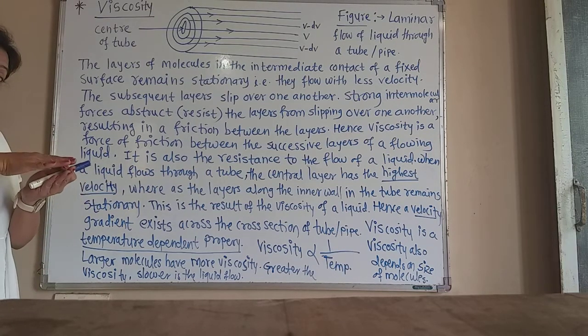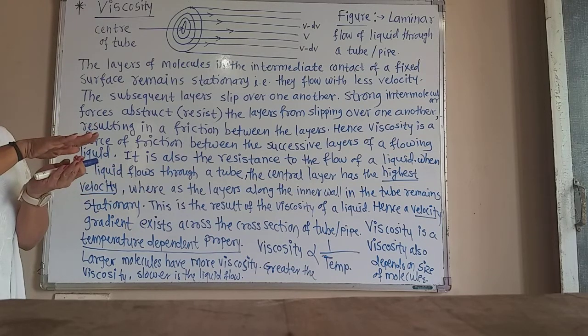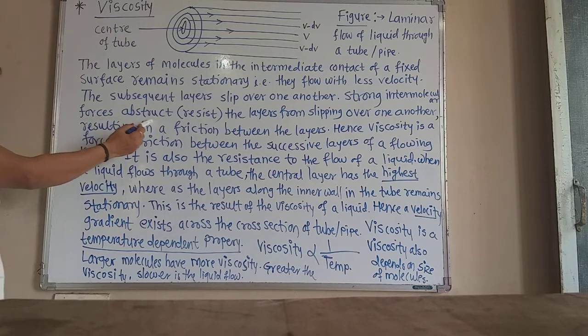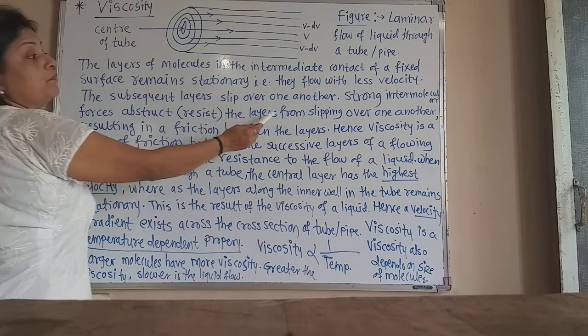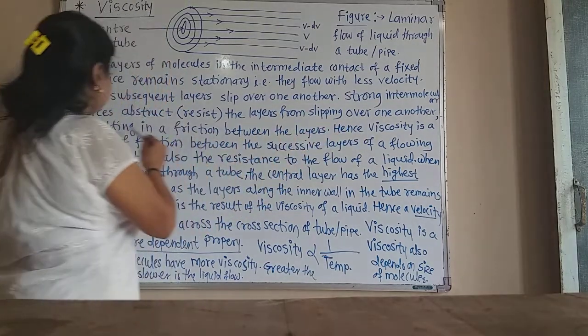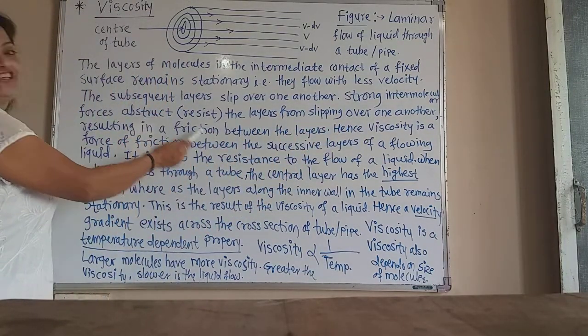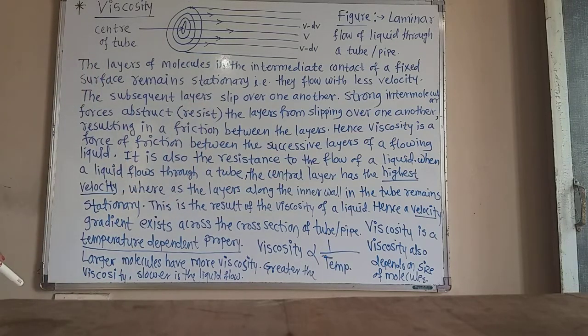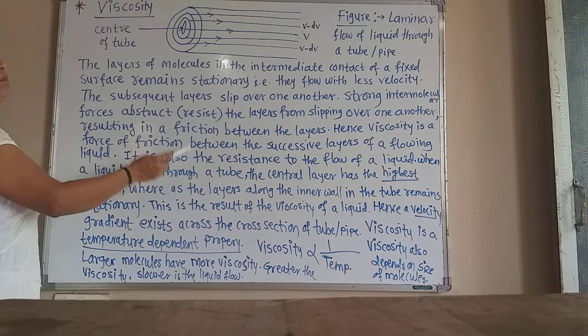And due to that, what happens? There is friction between the two successive layers. So strong intermolecular forces resist the layers from slipping over one another, resulting in friction between the successive layers. Hence, viscosity is a force of friction.